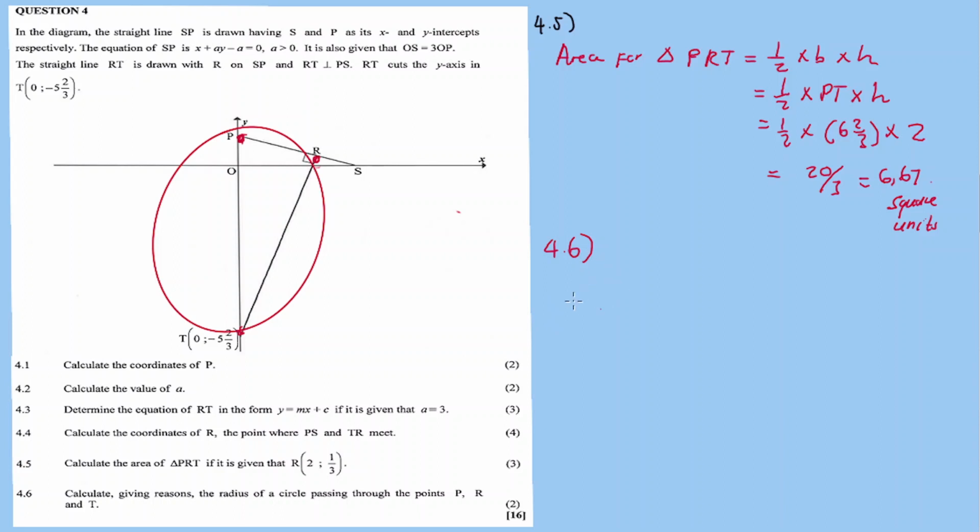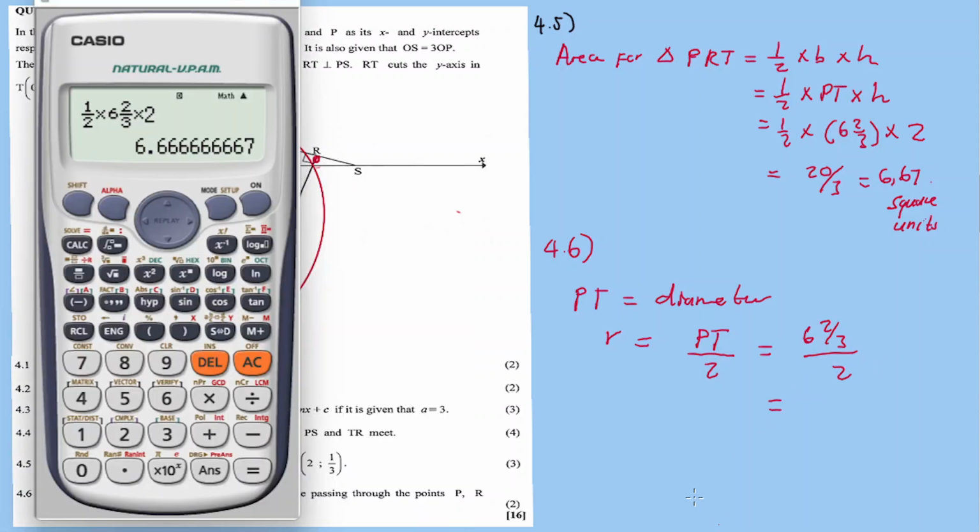So PT is our diameter, and we want the radius, and the radius is half the diameter. So it's PT over 2. PT is 6 2 over 3 divided by 2. What's our answer?